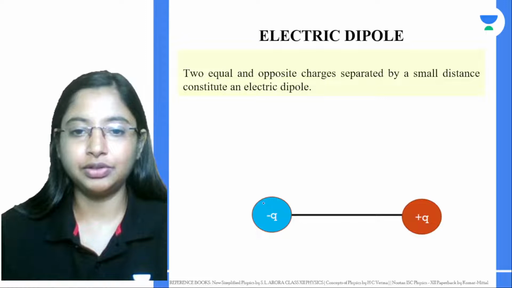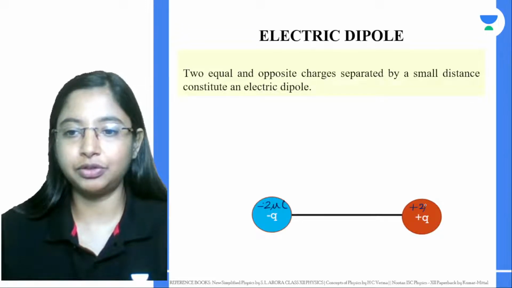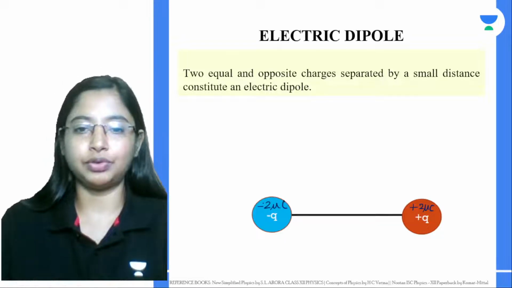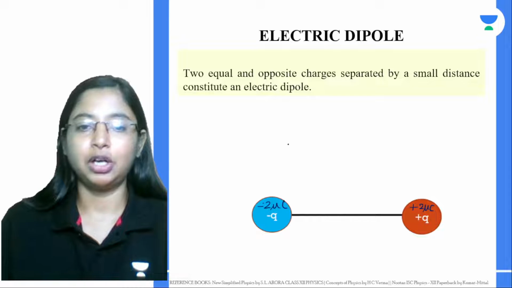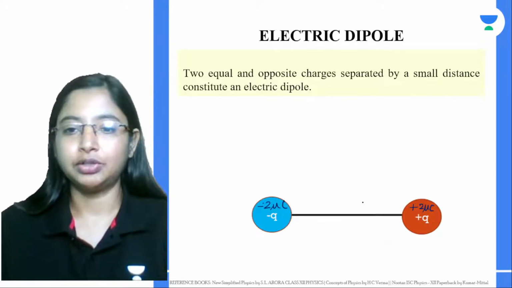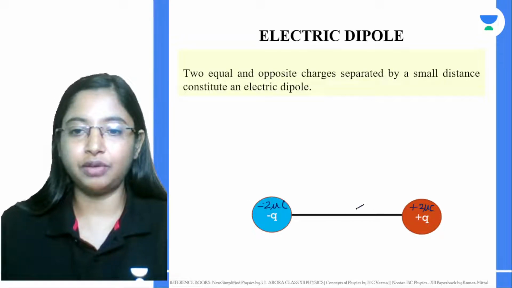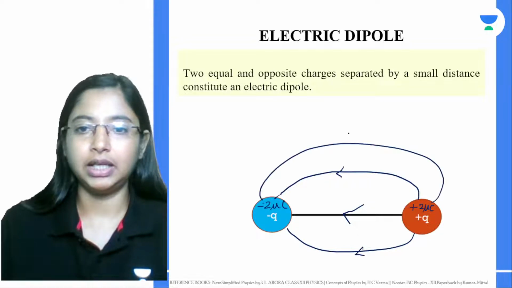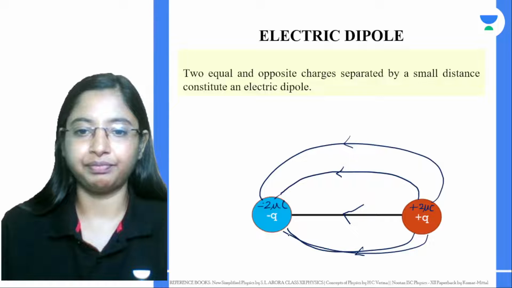So if this is minus 2 microcoulomb, this has to be plus 2 microcoulomb. Meaning all the electric lines of force coming out from the positive charge will end in the negative charge. So the direction is always from positive to negative.